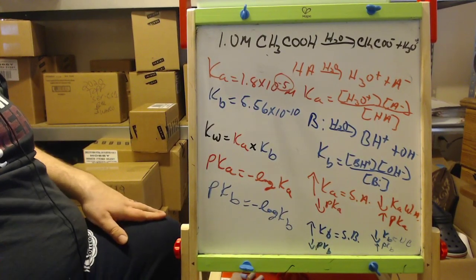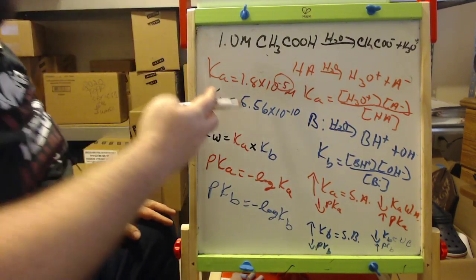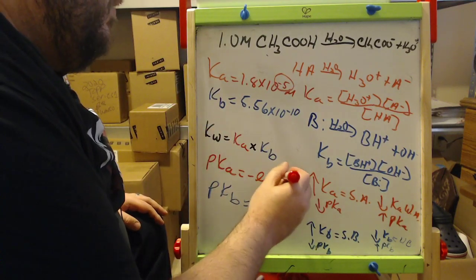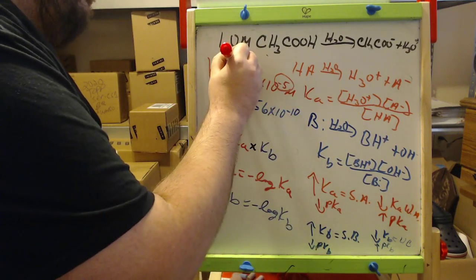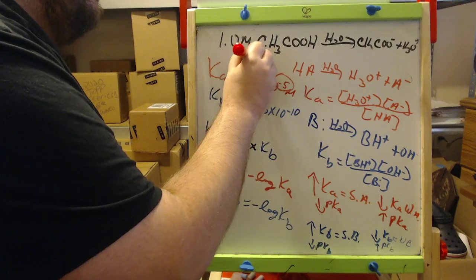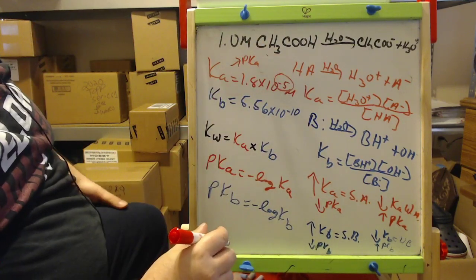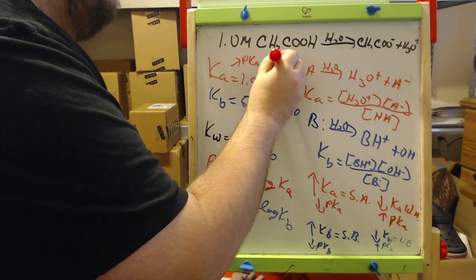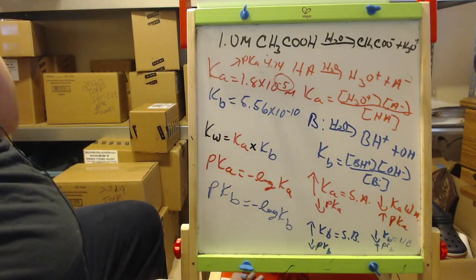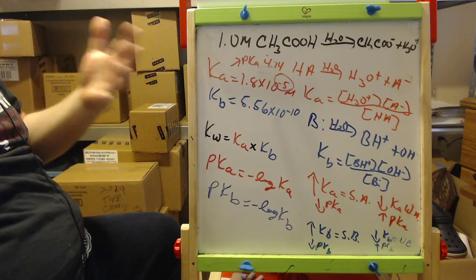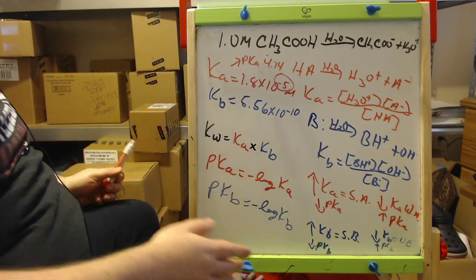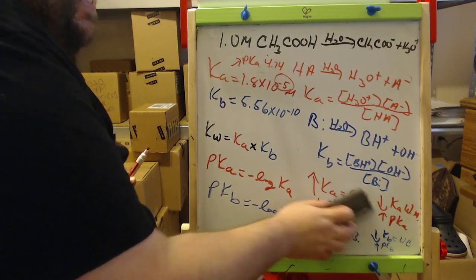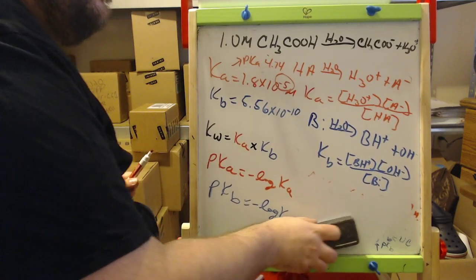And they told me that for this problem, the corresponding pKa is 4.74. And they wanted me to solve it. I've got to be able to work between pKa and Ka.